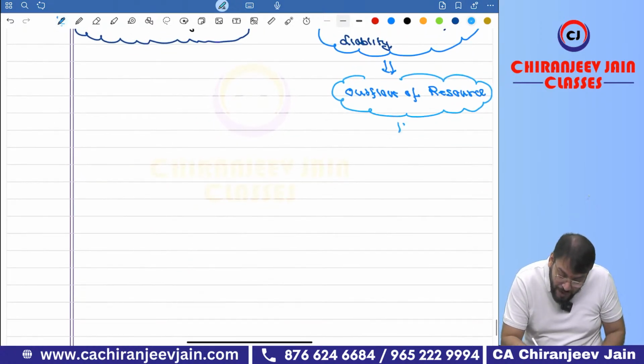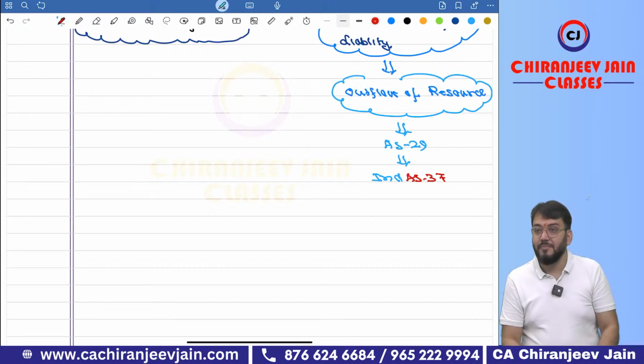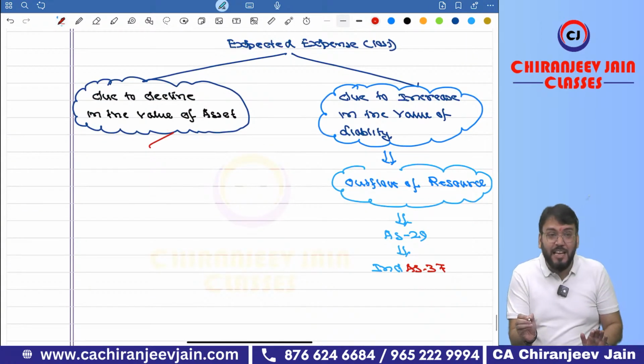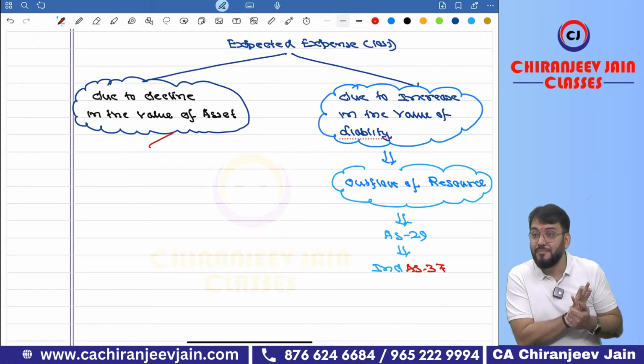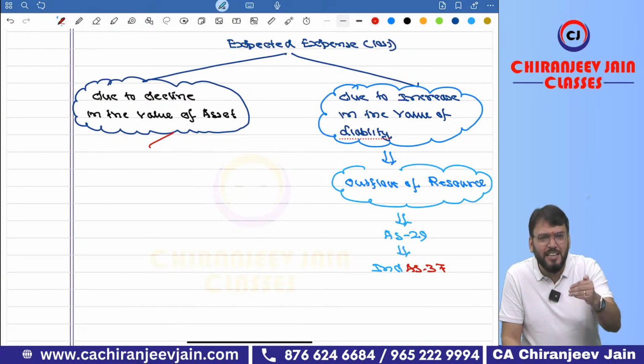Means in this part AS 29 is applicable, and AS 29 has now become Ind AS 37. For the other part, AS 29 and Ind AS 37 are not applicable, because there is no outflow of resource. Whenever there is a decline in the value of asset, like debtors declining, is there any outflow of resource?